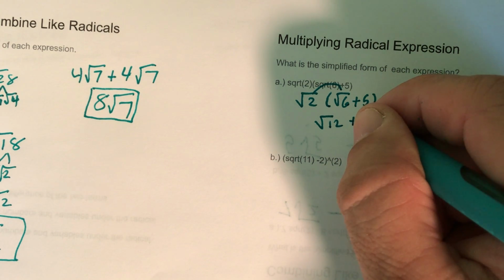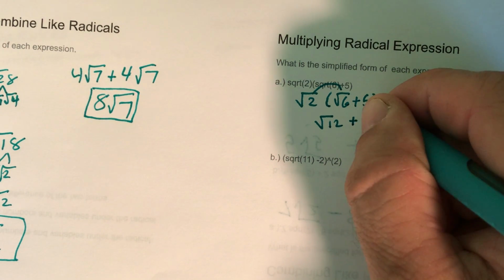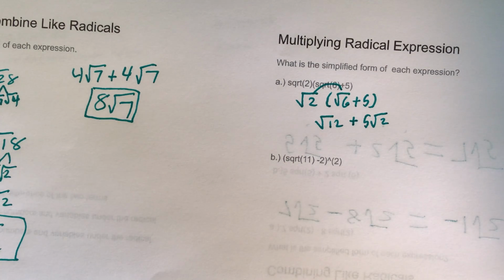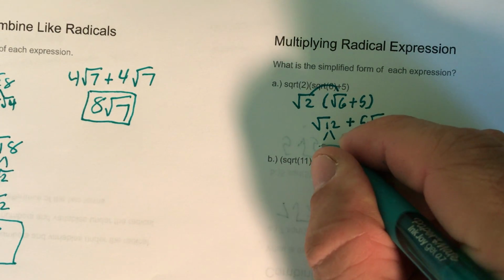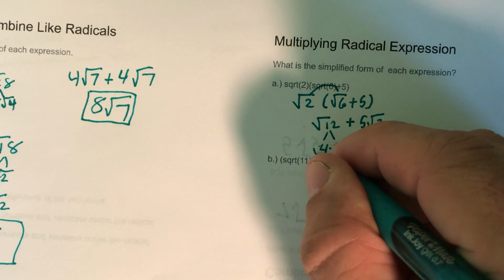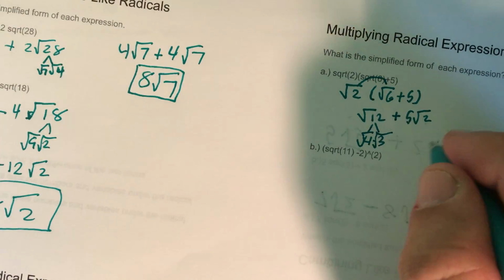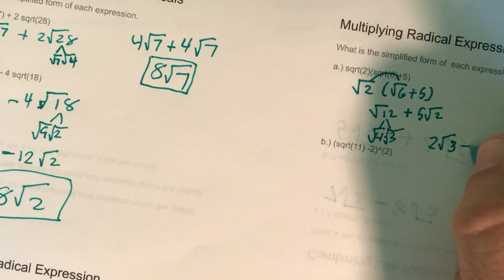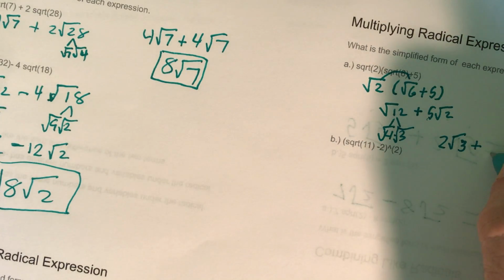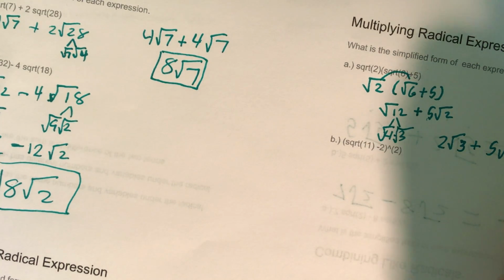plus 5 square root 2. We're probably going to want to see if we can get this where it works. You get 4 times square root of 3. So square root of 4 is 2 square root of 3 plus, we can't do anything with that, so we got 5 square root 2.